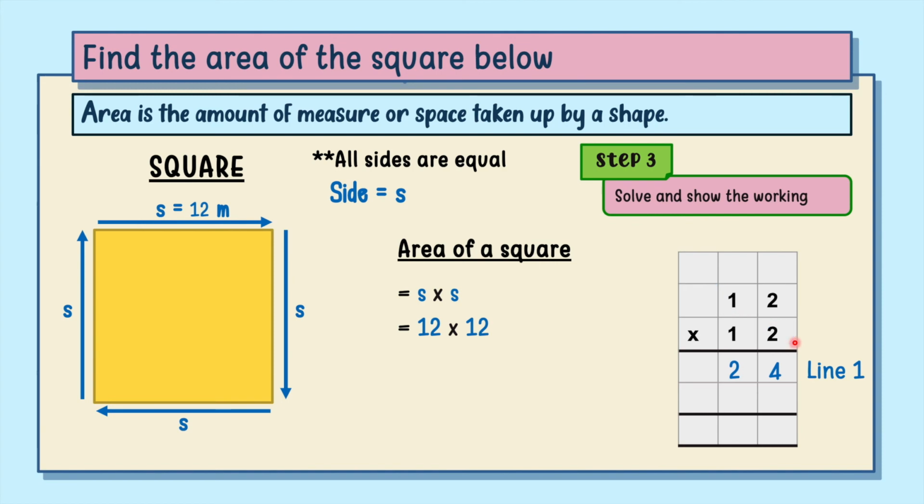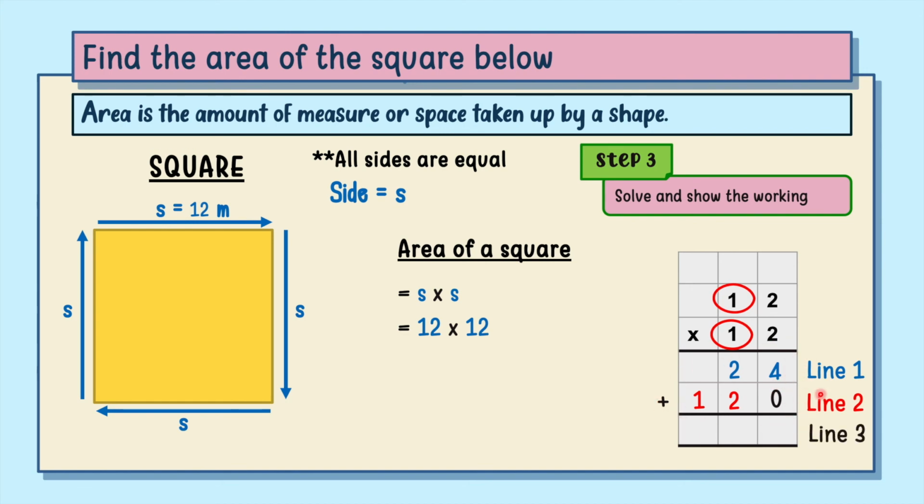We're going to move on to the next line, which is line 2. In line 2, we will times digit 1 here. Remember what's so special about line 2? We will put a special 0 here. Then we're going to times 1 and 2. So 1 times 2, the answer is 2. Next one, 1 times 1. The answer is 1. And then for line 3, we will add these two numbers together.